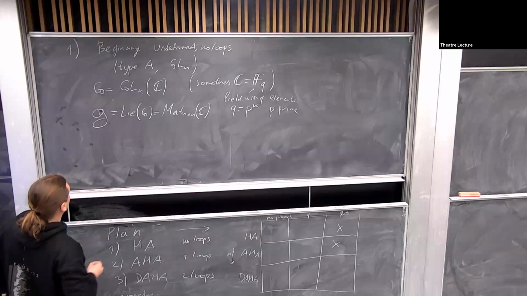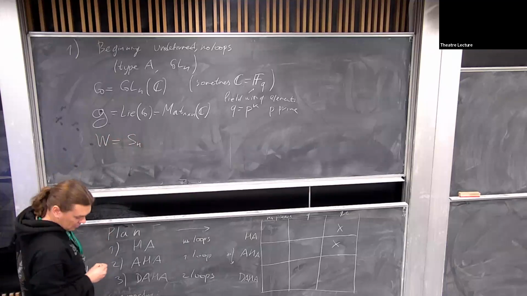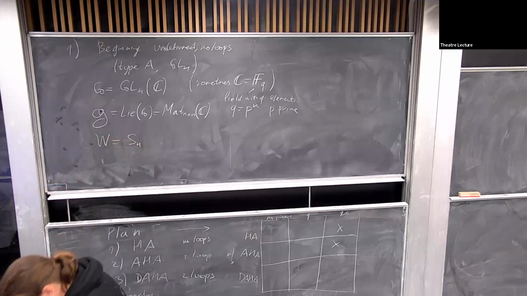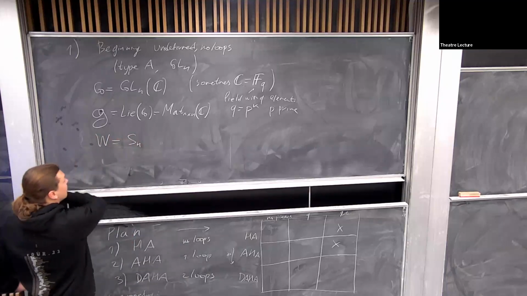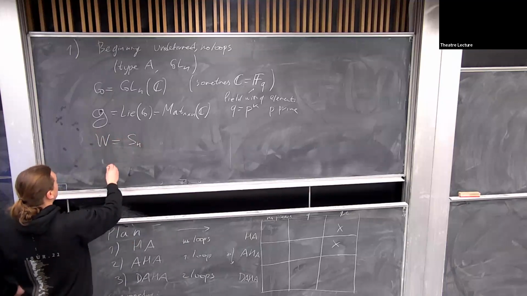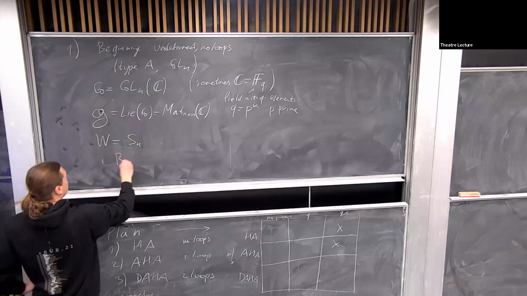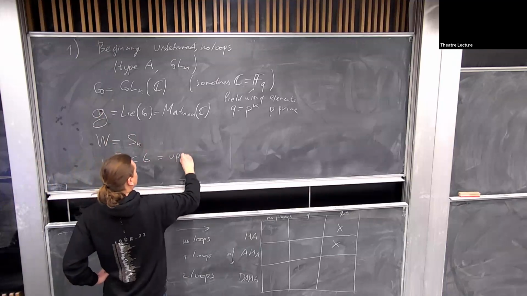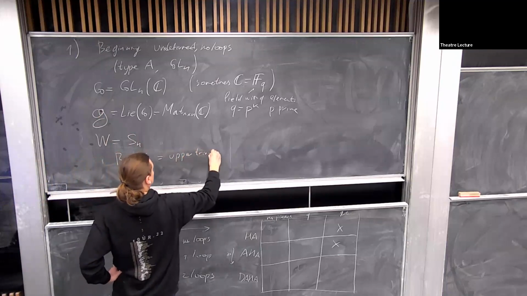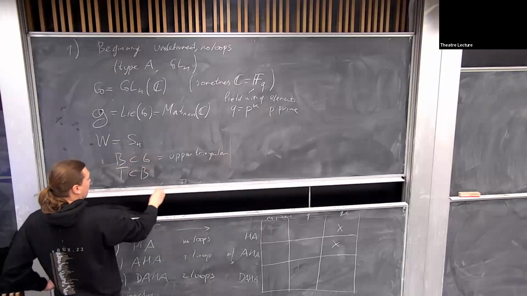Next, W is the permutation group S_n. Then I have various standard things inside G, the Lie group, and the Lie algebra. So B inside G is upper triangular matrices, and T inside B are diagonal matrices.